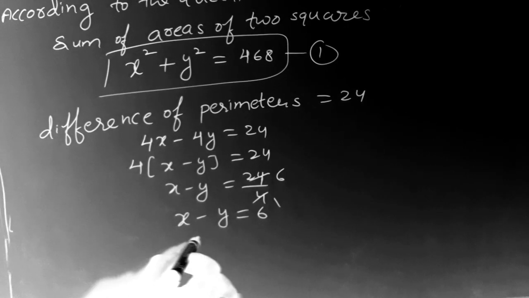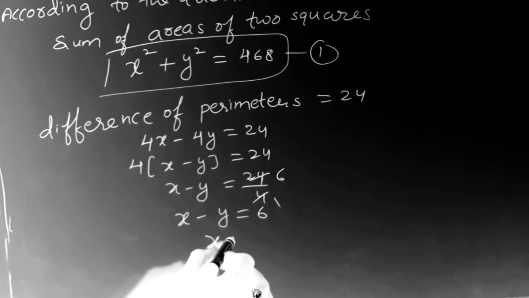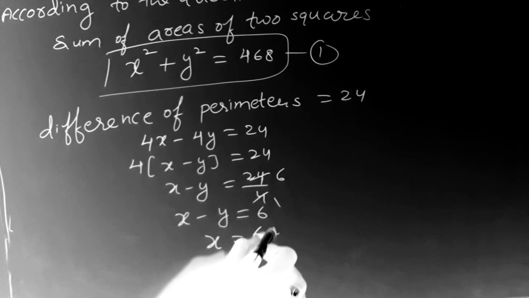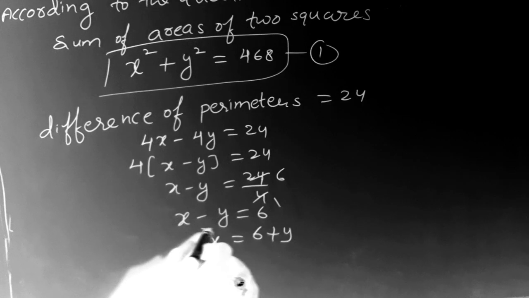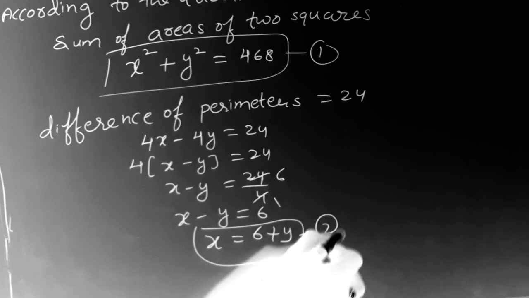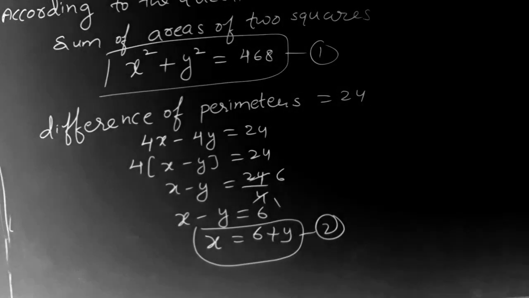Now x is nothing but, sending y to the right side, 6 plus y. Let it be equation number 2. Substitute this x value in equation number 1.